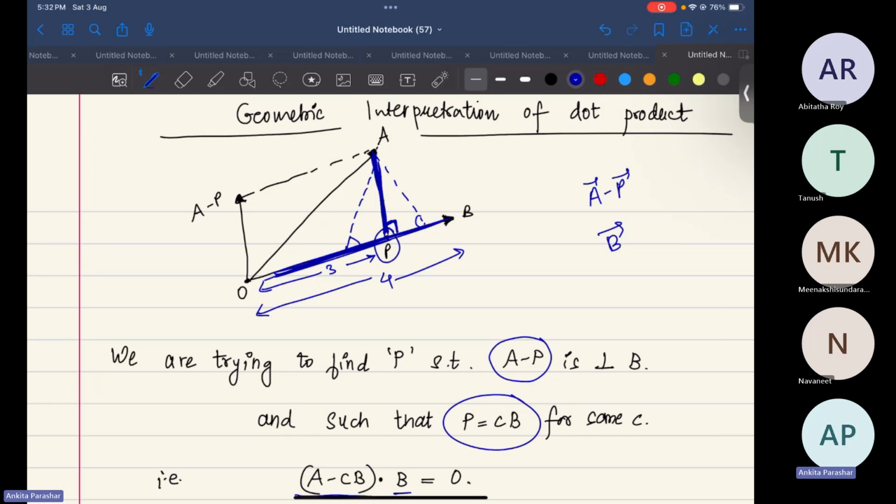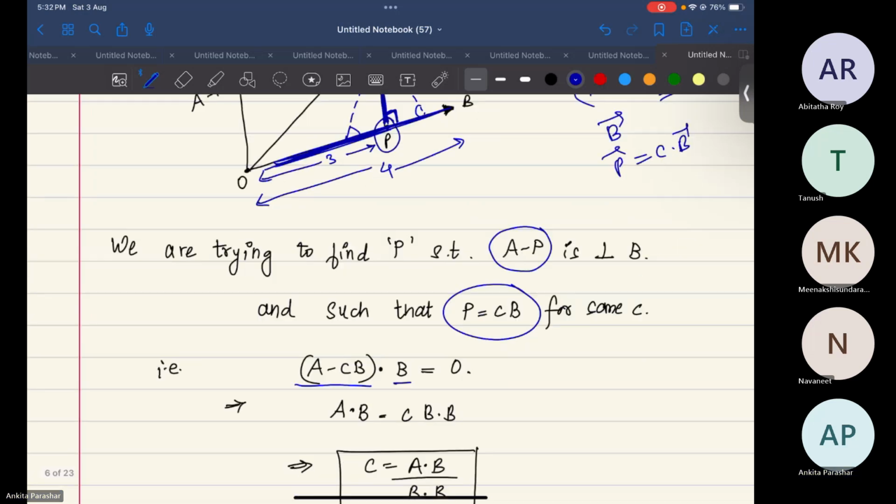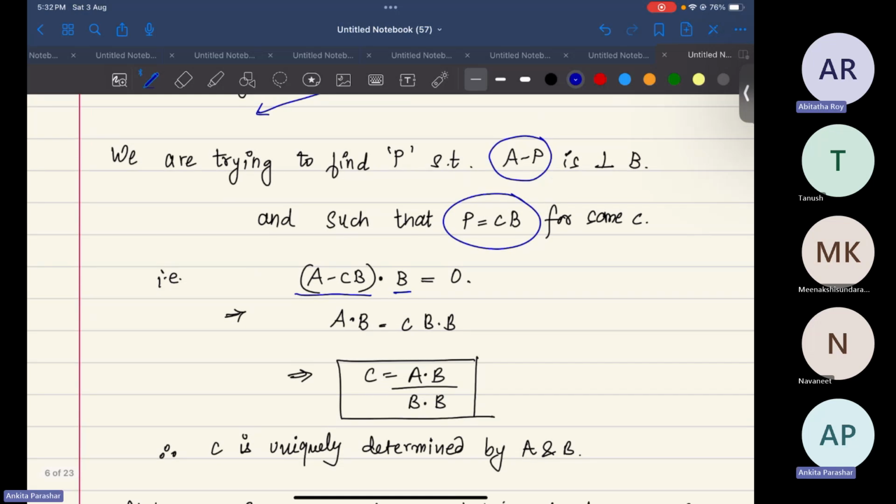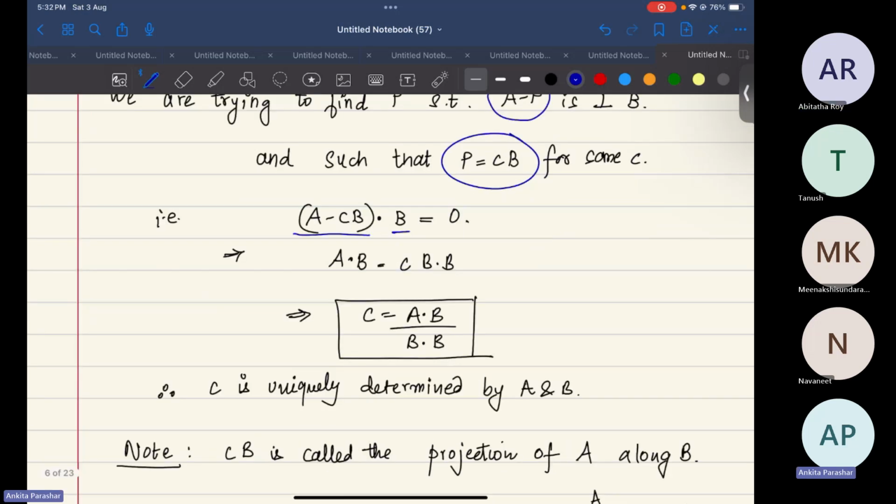That means the dot product of these two vectors should be 0. But P is nothing but C times B, right? So A minus CB dot B has to be 0, and that would give me C is A dot B by B dot B. Is that okay?